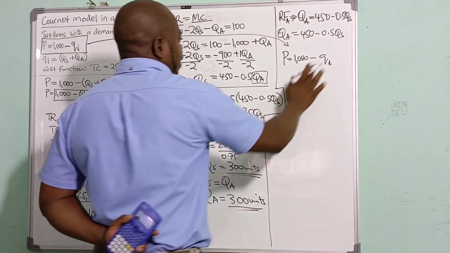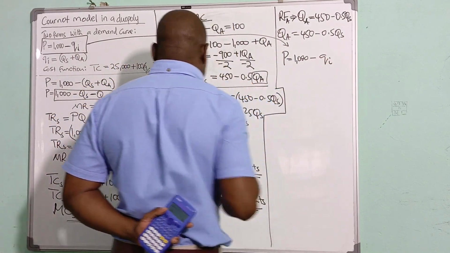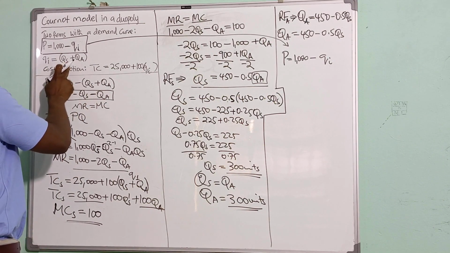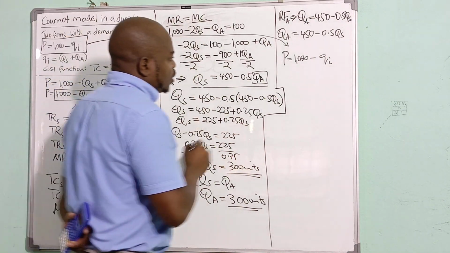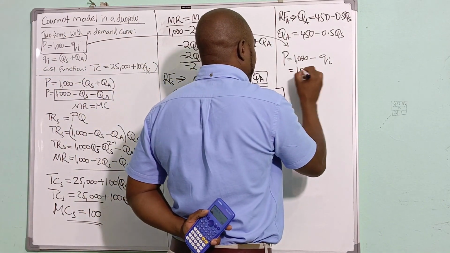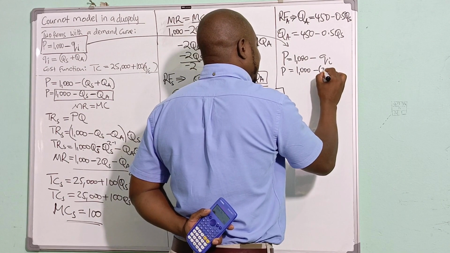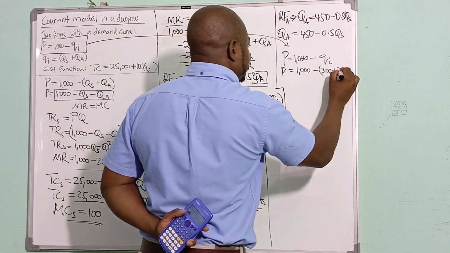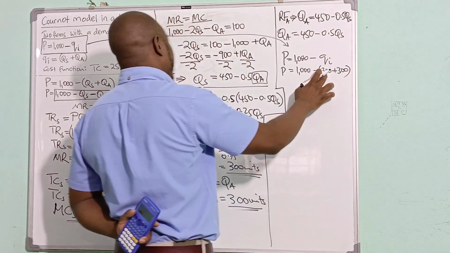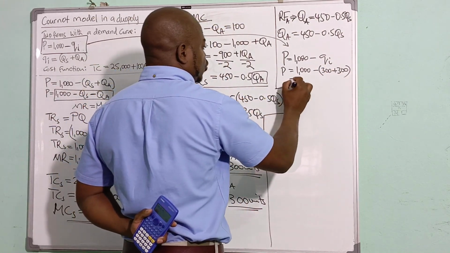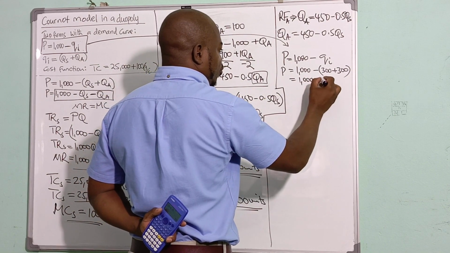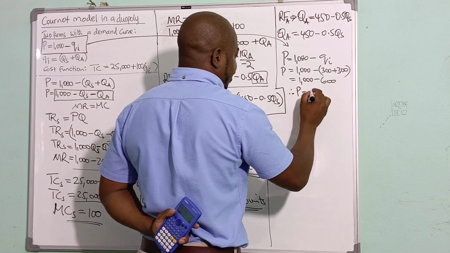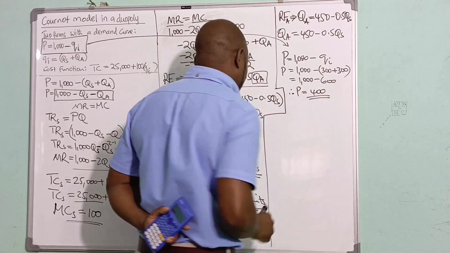Remember, QI is equal to the quantity produced by firm S plus the quantity produced by firm A. So I'll replace that: 1000 minus 300, the quantity produced by firm S, and 300, the quantity produced by firm A. So we'll just add both to get the total quantity of 600, and therefore our price is actually 400.